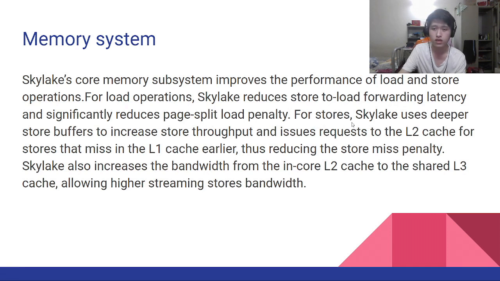For stores, Skylake uses a deeper store buffer to increase store throughput and issues the request to the L2 cache earlier for stores that missed in the L1 cache, thus reducing the store miss penalty. Skylake also increased the bandwidth from the in-core L2 cache into the shared L3 cache, which allows higher streaming store bandwidth.